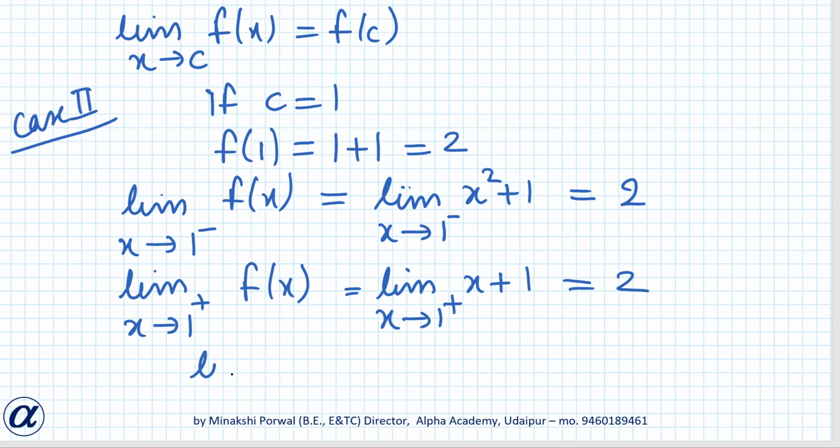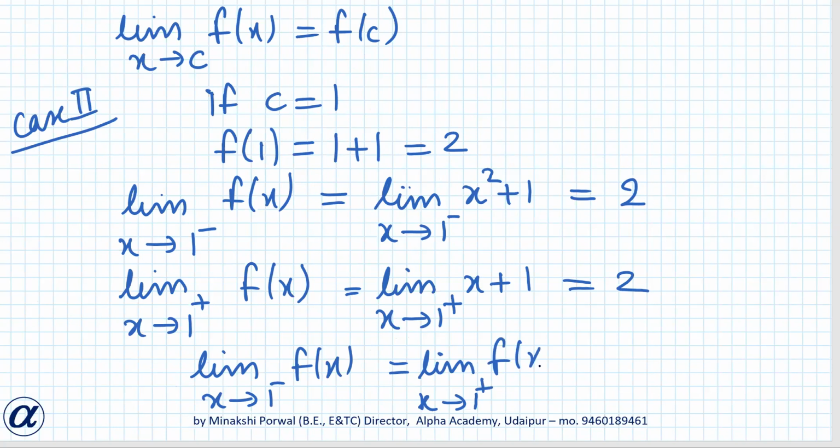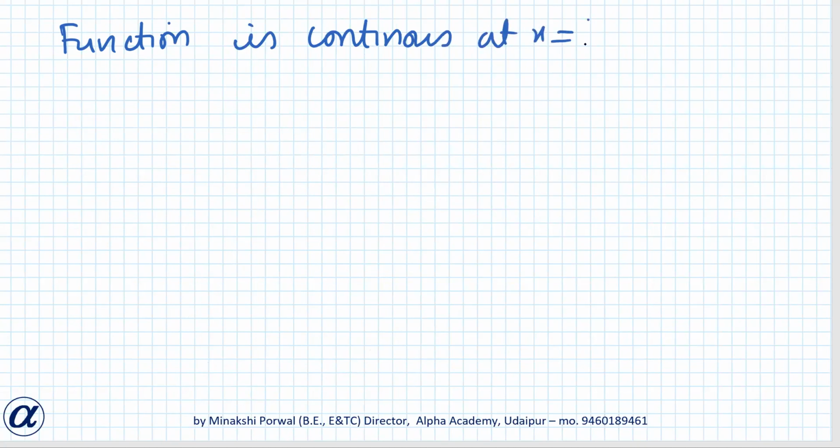So limit x tends to 1 minus f x equals limit x tends to 1 plus f x equals f of 1. So the function is continuous at x equals 1. Then case 3, if c is greater than 1.